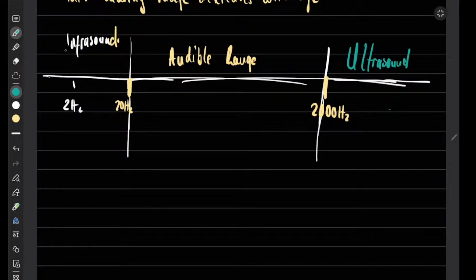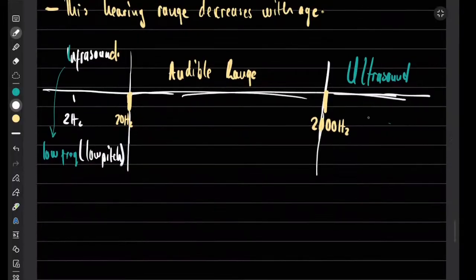Infrasound has low frequency, which also means low pitch. So when the bass is too deep, you can't hear anything. Ultrasound is high frequency, which obviously means high pitch.